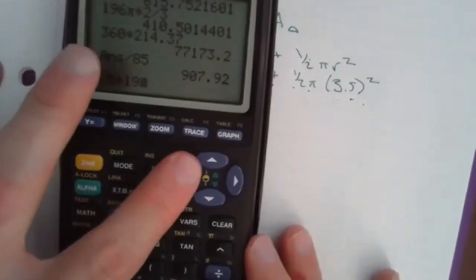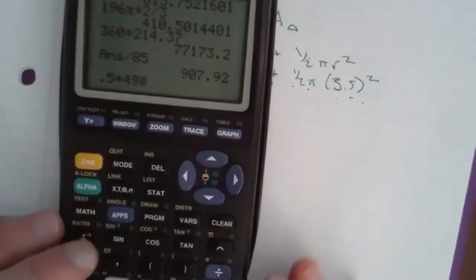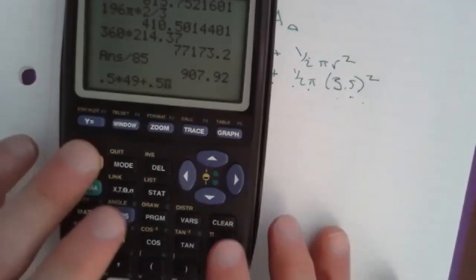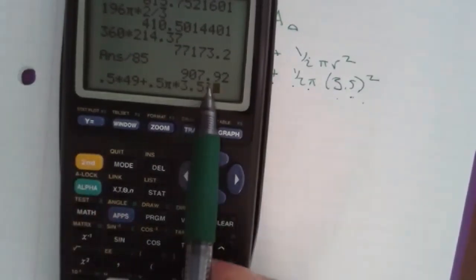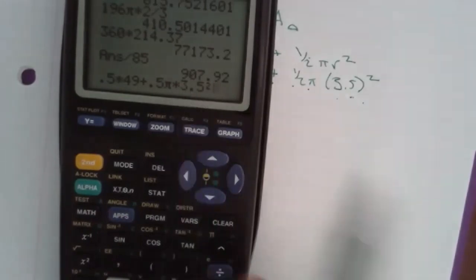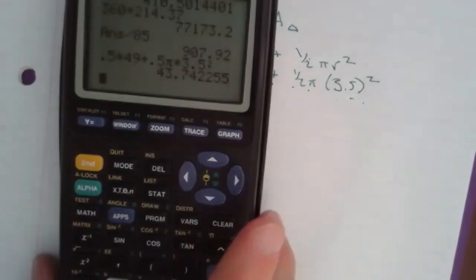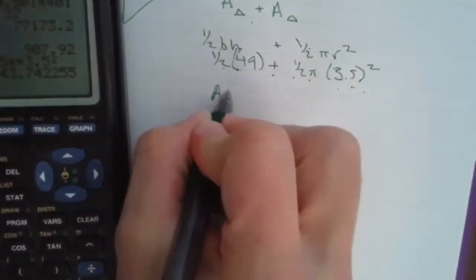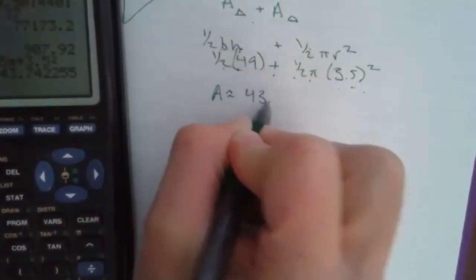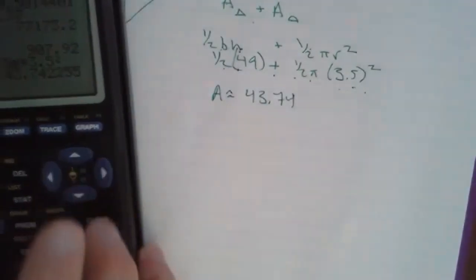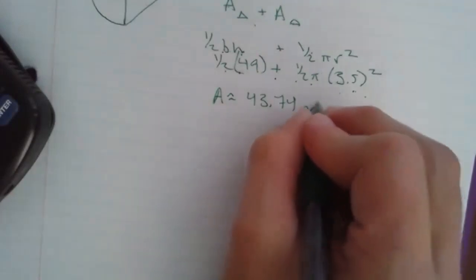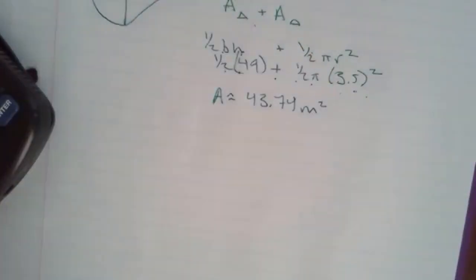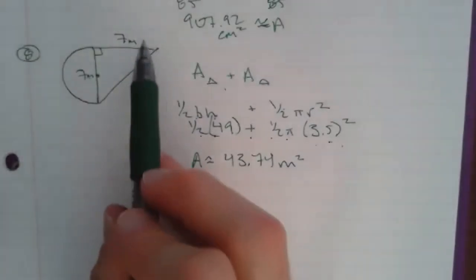So half of 49 plus half times pi times 3.5 squared. I can type it in like that because the squared only applies to the 3.5, order of operations. And so we get about 43.74. We got to do it right. Square meters. I was pointing to these square meters.